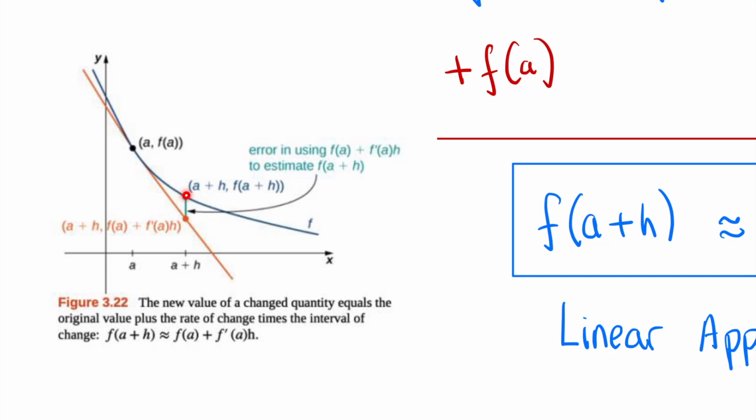But instead of following the curve exactly, we can approximate the value using the tangent line at x equals a. The tangent line gives us the estimate of f of a plus h. If h is small, the tangent line provides a very good approximation. The small difference between the actual value and the estimate is called the error.